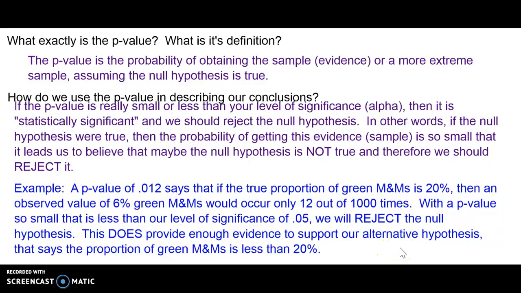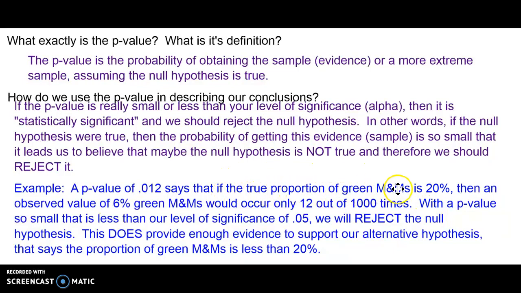So in this conclusion, I would encourage you to pause this video and read this a couple more times. In this conclusion, I am using the definition of p-value by saying if the true proportion of green M&Ms is 20%, there's the null hypothesis.